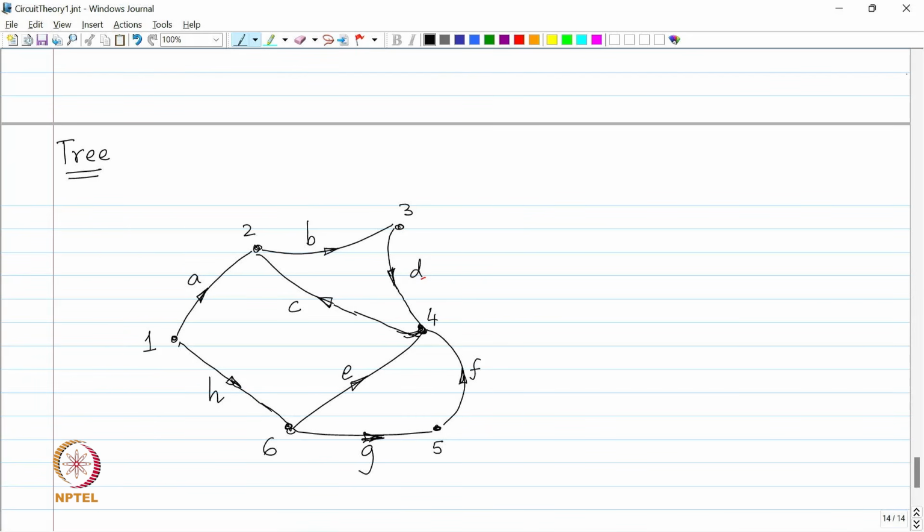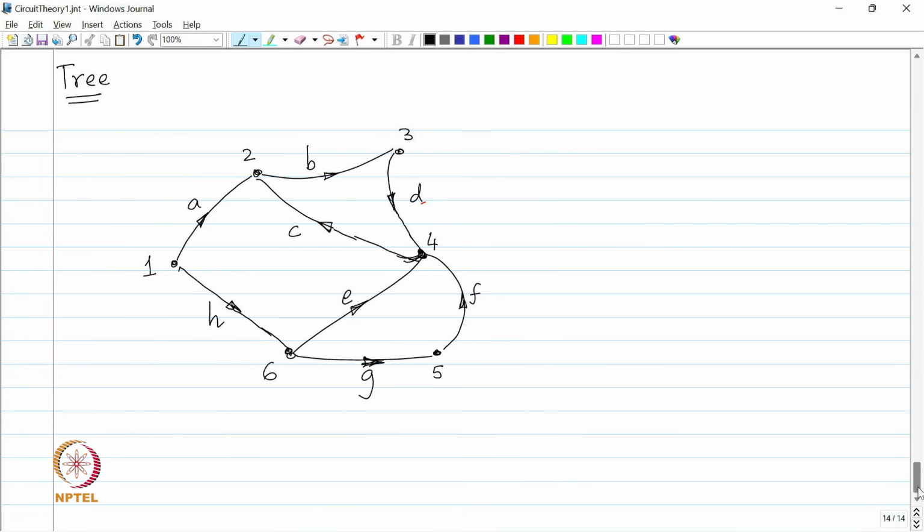Okay, so this was my graph earlier, and we are now going to talk about a tree in the graph.